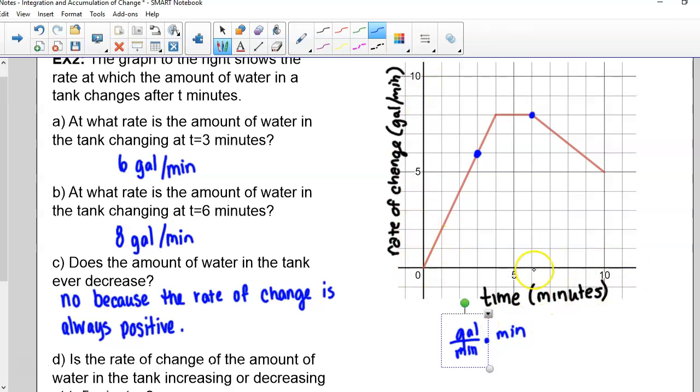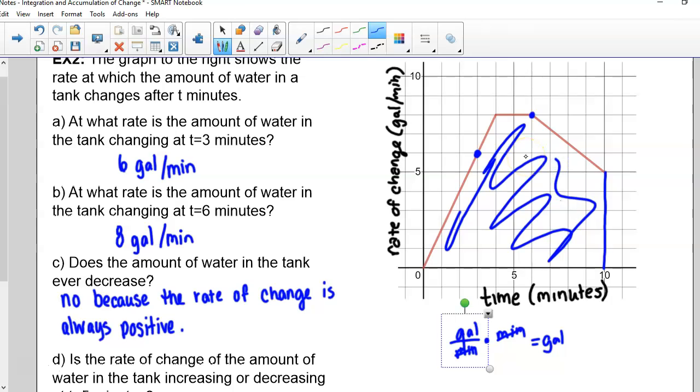So x-axis times y-axis here, and the minutes would cancel, and we would just have gallons, right? Which means that if we find the area of this shape right here, then we can find that amount of water that was added. So what I want you guys to do right now is find that area.